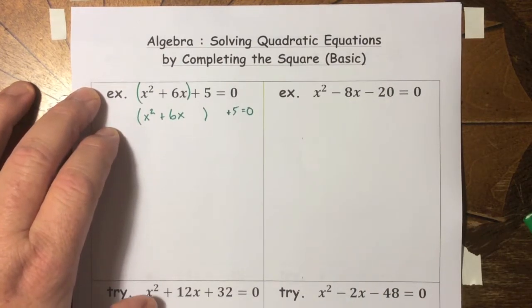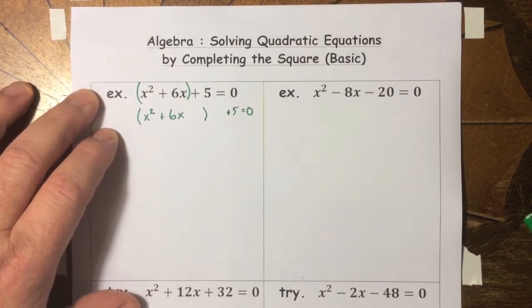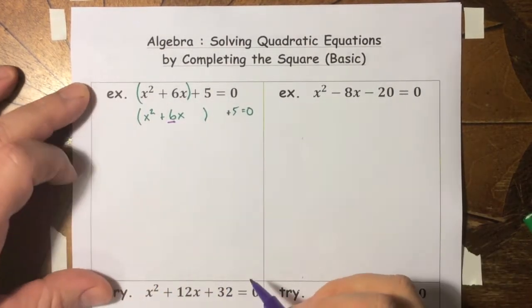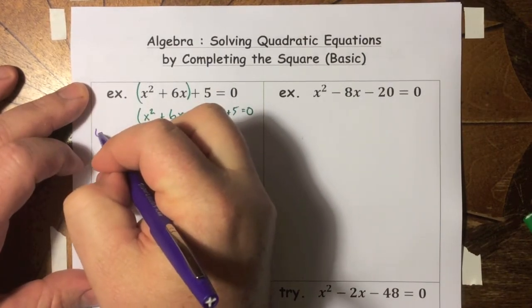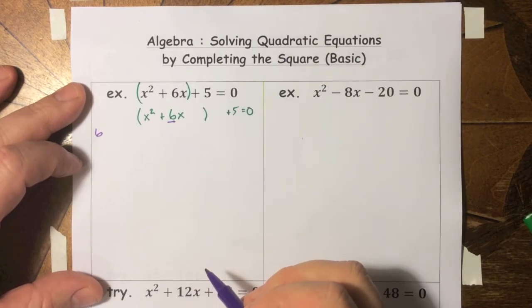In class, we're going to discuss why this works and how it's connected to this graphically. But right now, I just want to show you how this works. We're going to go ahead and take this middle number 6. I'm going to copy this off to the side, 6. And every single time, I'm going to do the same thing.